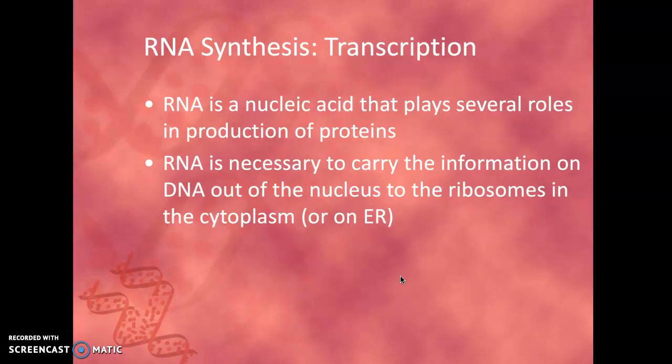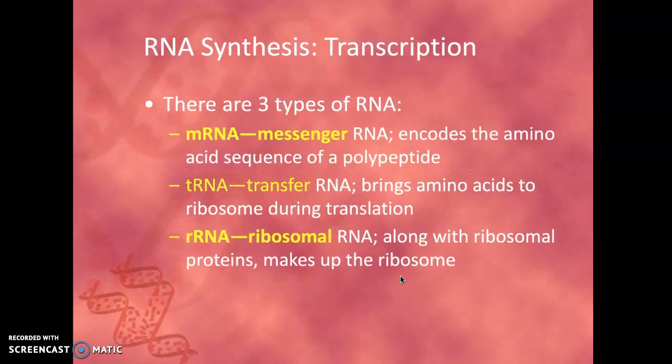RNA is the nucleic acid that is going to play several different roles, and here they are. There are 3 different types. You've got mRNA, tRNA, and rRNA. mRNA is messenger RNA, and that is going to be produced in this process of transcription. tRNA is transfer RNA, and it does exactly what it sounds like.